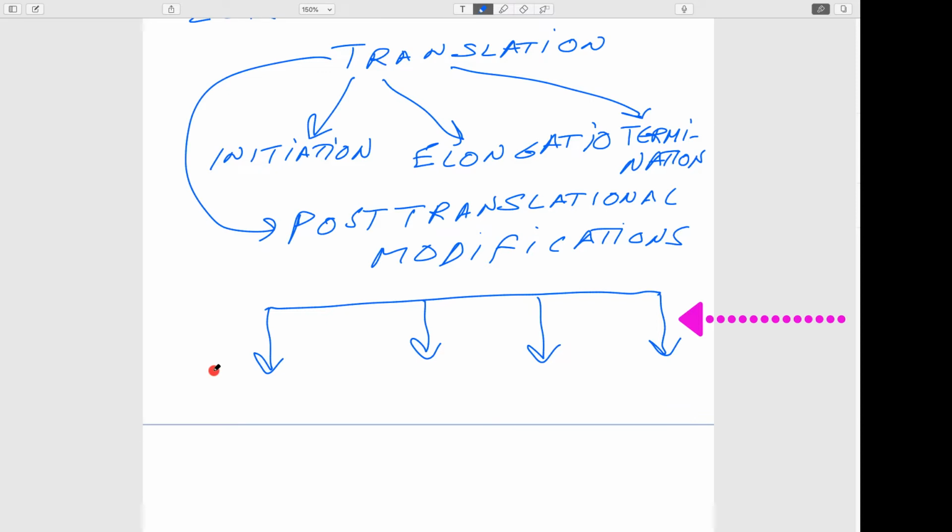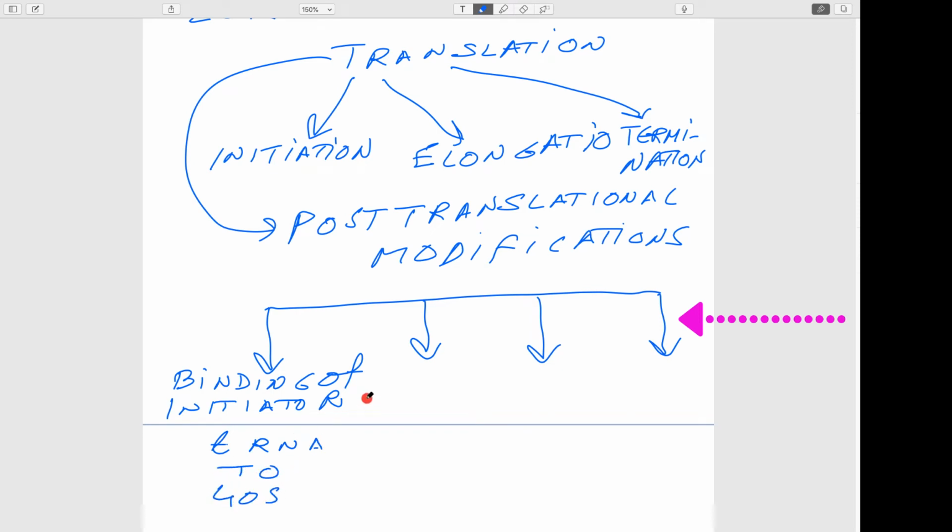The first step of the initiation is binding of initiator transfer RNA to the 40S ribosome.